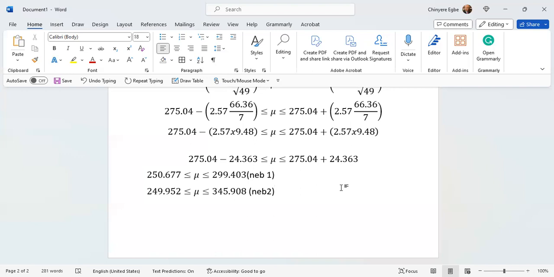And so there is an overlap in the sense that the average price per square foot of neighborhood number 1 could as much be 290 as for neighborhood number 2. You get it? Therefore, you cannot say with confidence that the average price per square foot in the two neighborhoods is definitely different. You cannot say that.